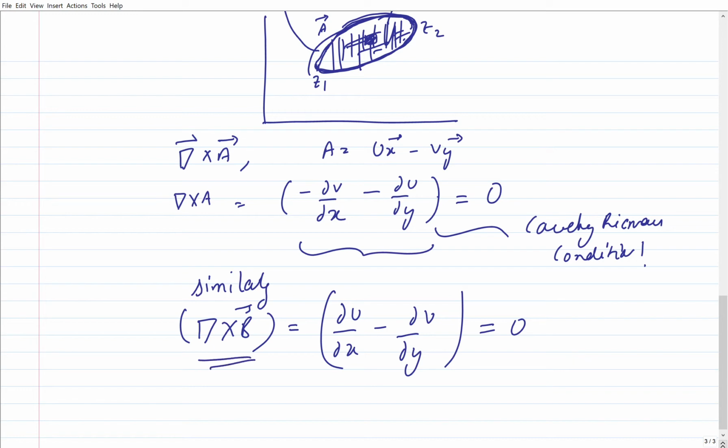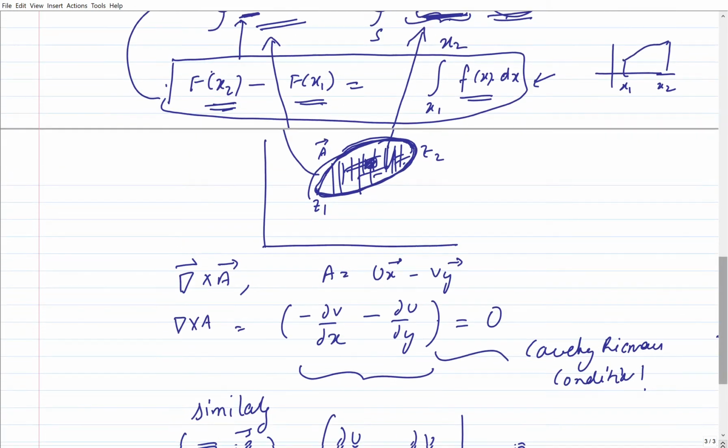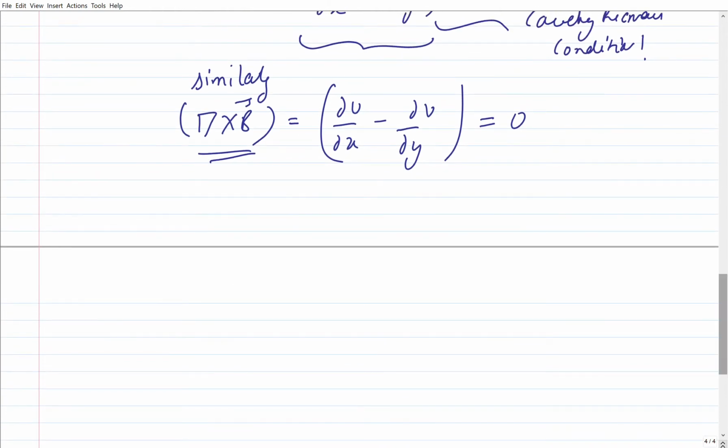So that means the integral I had expressed a dot dl and some iota b dot dl.